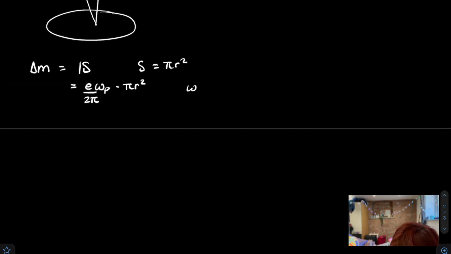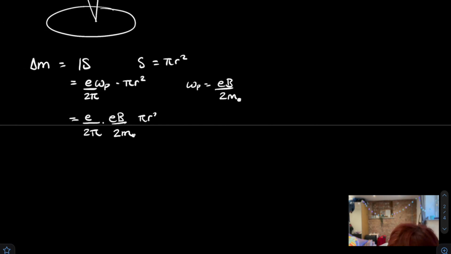But of course, we said that the precession frequency is equal to eB divided by 2m. So substituting that in, we get e divided by 2 pi times eB divided by 2m_e, I should just write the subscript e, otherwise we'll get very confused, multiplied by pi r squared. And so these e's are going to double up. We're going to get e squared r squared divided by 4m times B, because of course the pi's are going to cancel out right here.